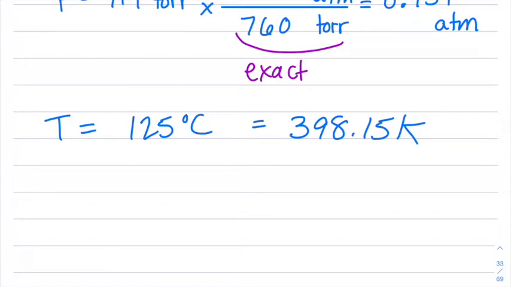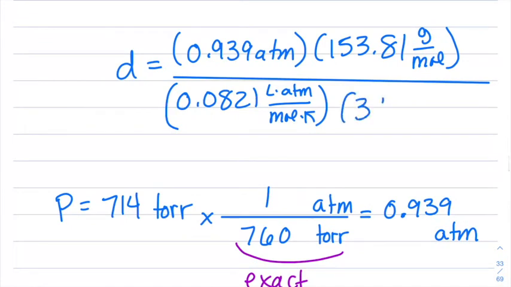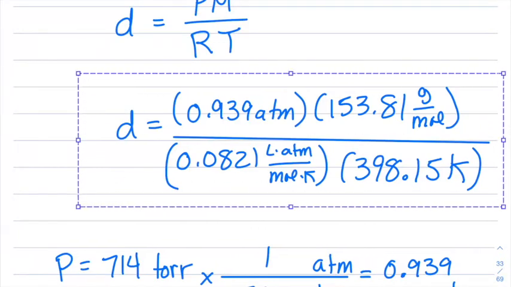Yep, it looks like Tasso and Juan. Excellent. All right, so any questions on how we set up our formula with pressure times molar mass divided by R times Kelvin? All right, go ahead and take a moment and calculate out your density.